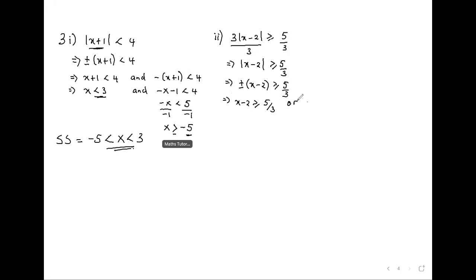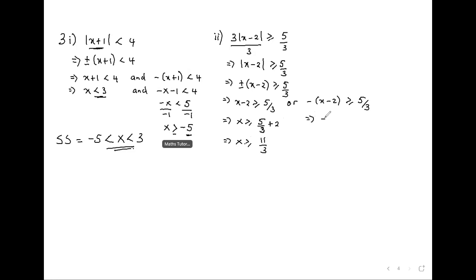Or negative (x minus 2) greater or equal to 5 over 3. This one, x is greater or equal to 5 over 3 plus 2, so we get x greater or equal to 11 over 3.